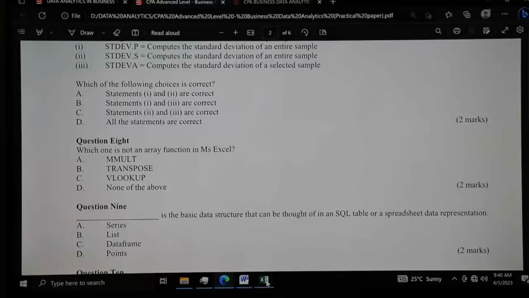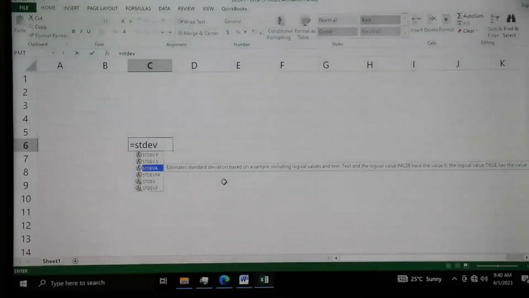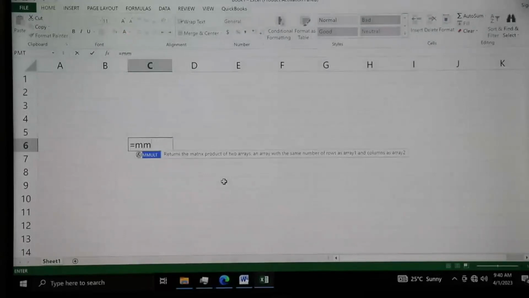So meaning, as you type these functions, you actually find that if you say like M multi, you'll find this function here that returns a matrix product of 2 arrays. That means it's an array function.